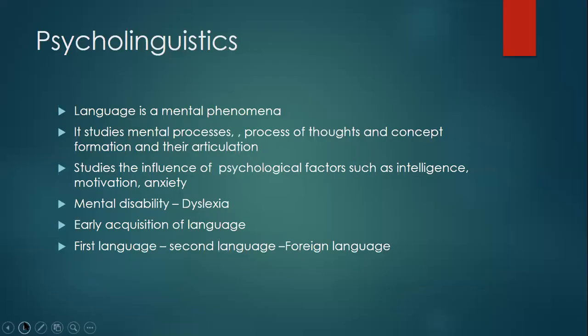It is the master of all the activities, it controls all our activities. तो आपकी जो लैंग्वेज प्रोडक्शन है या आप जो लैंग्वेज बोलते हैं, उसका ताल्लुक भी आपके ब्रेन से होता है. तो साइकोलिंग्विस्टिक्स से हम कौन कौन से वर्ड्स कनेक्ट करेंगे? It is a mental phenomenon, it is a mental process, and in psycholinguistics we study, in other words we can say that in psycholinguistics we study your psychological factors such as your intelligence, okay, your motivation, your anxiety, and on the kind of the language that is understood and produced.